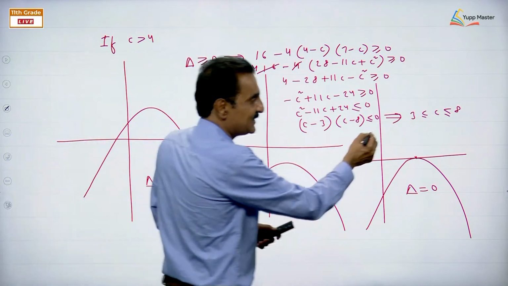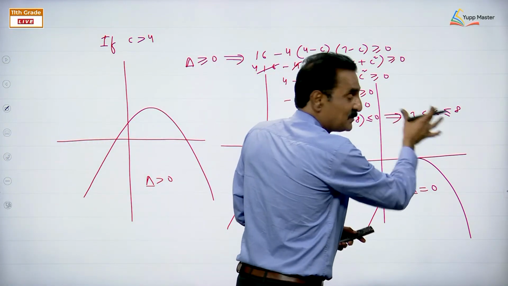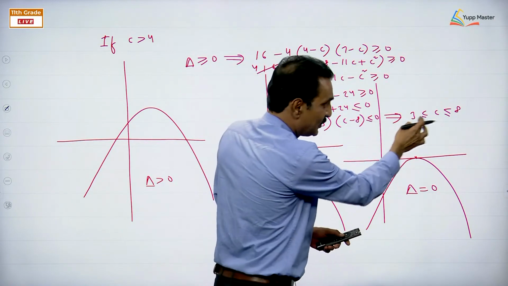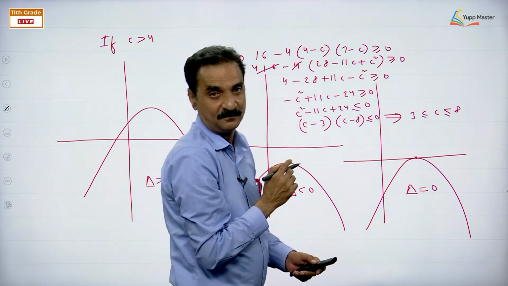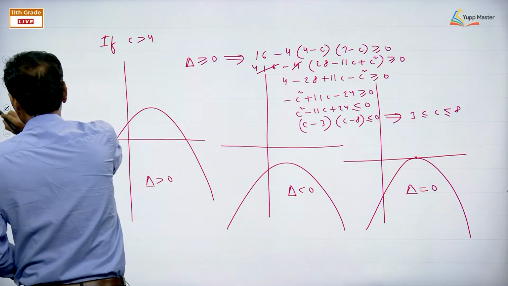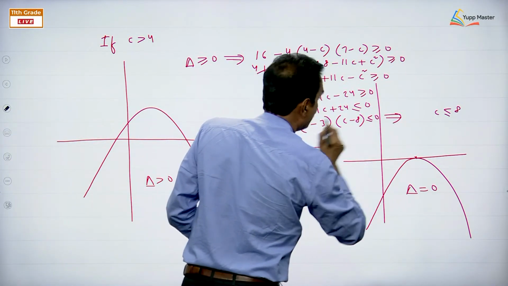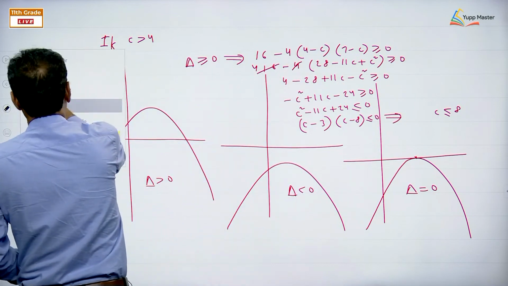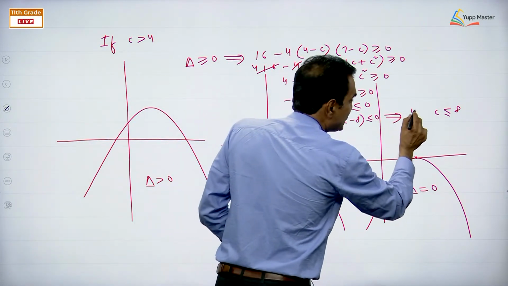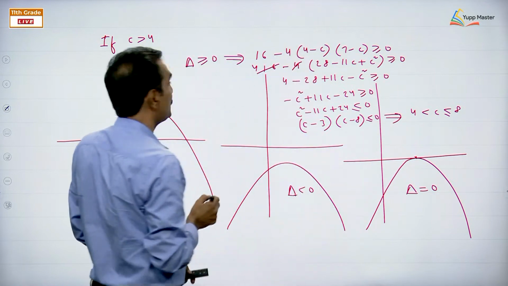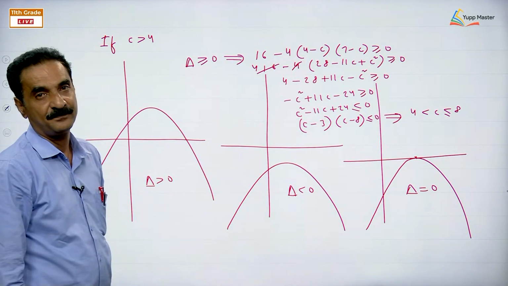So, we have to correct it. c must be greater than 4 now. So, it cannot take values from 3 to 4. So, we have to correct the interval as 4 is less than c less than or equal to 8.